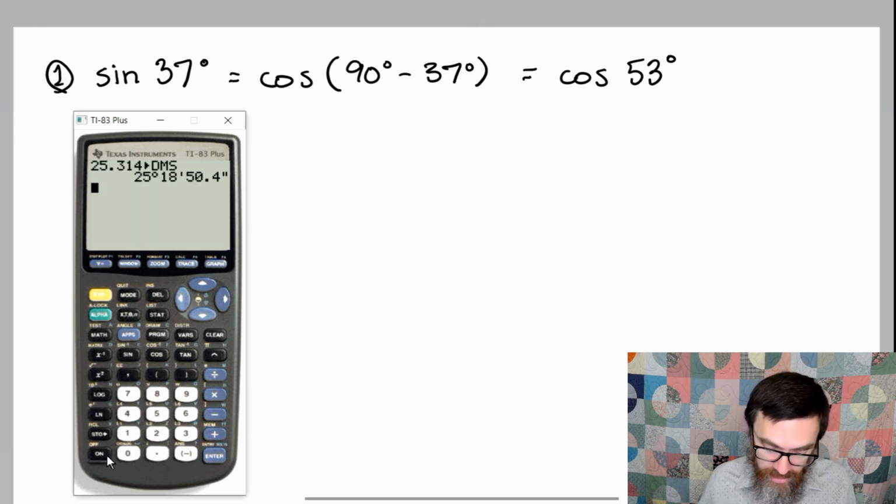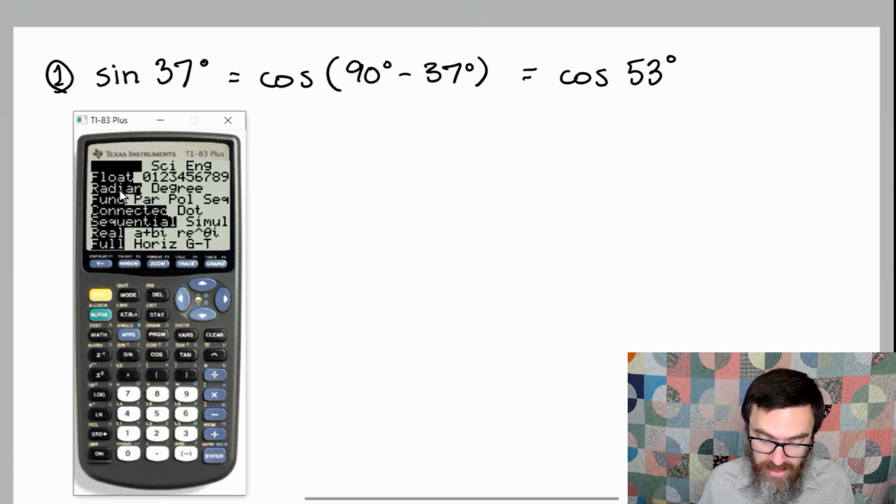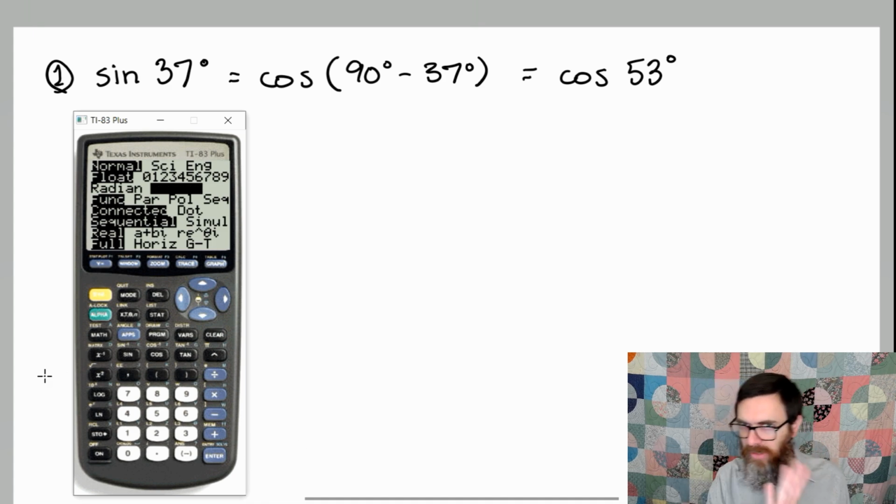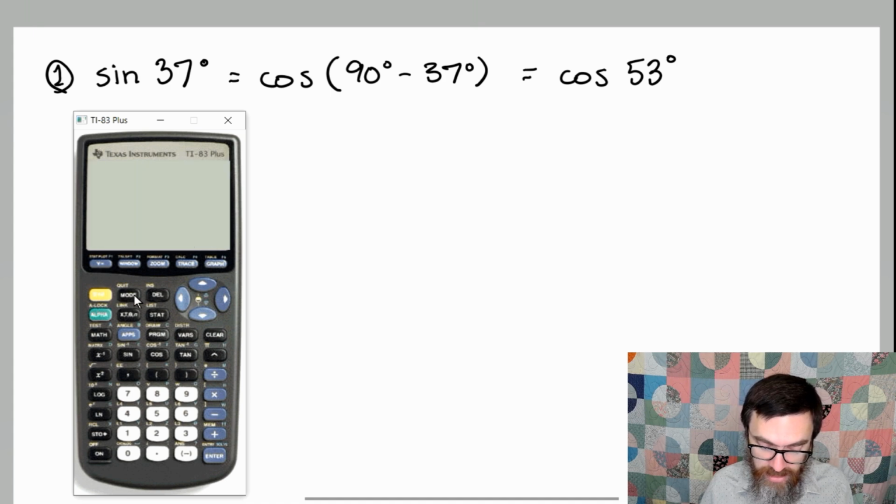One of the first things you want to make sure of is that your mode is set to degrees. So this one is not, so I just need to go down and set this to degree and hit enter. Because if you have it set to radians, that's going to mean something completely different, and we're not ready for that yet. I'm going to press second mode to quit.